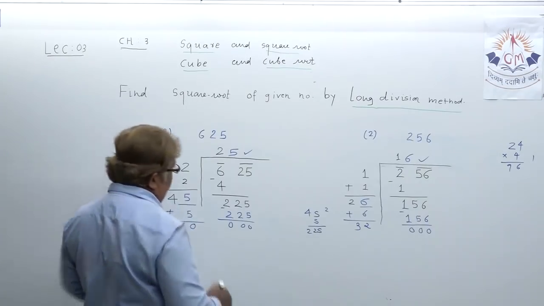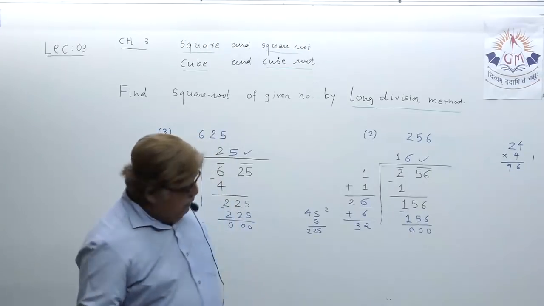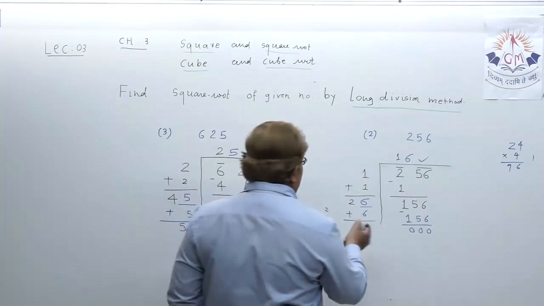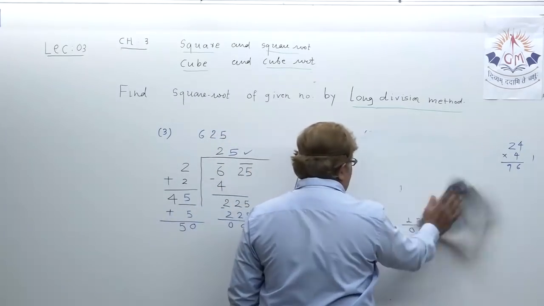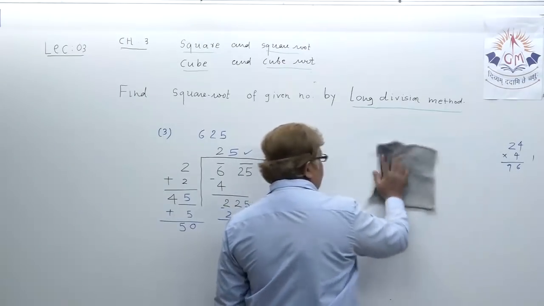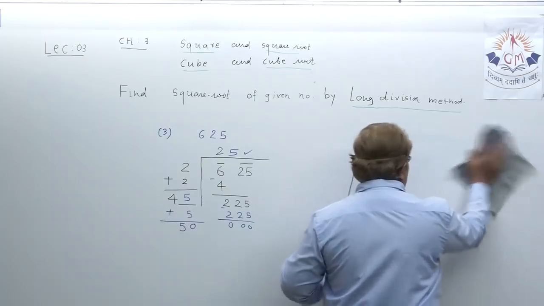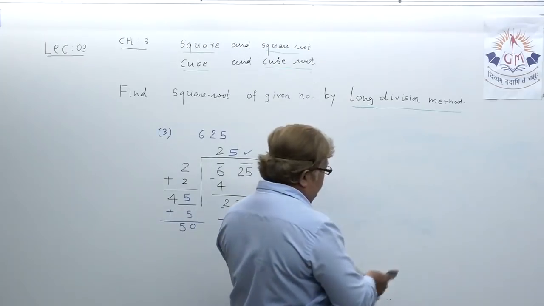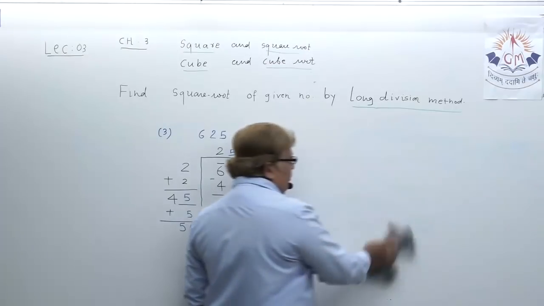Okay, my dear student, let us take another number for your understanding. Should I take a 4-digit number, or do we still want one more practice for a 3-digit number?